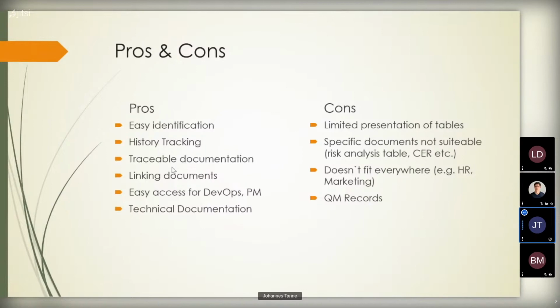It is also not as accepted by all employees, like departments from marketing or human resources, because they have different kinds of documents or tools that they want to use. So it's not so easy to handle for these departments. Nevertheless, it's really nice to use with the development department, and we also got successfully through the audit during our certification with the use of GitLab.